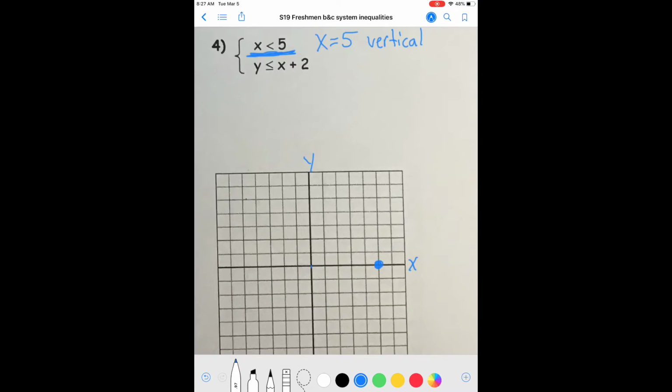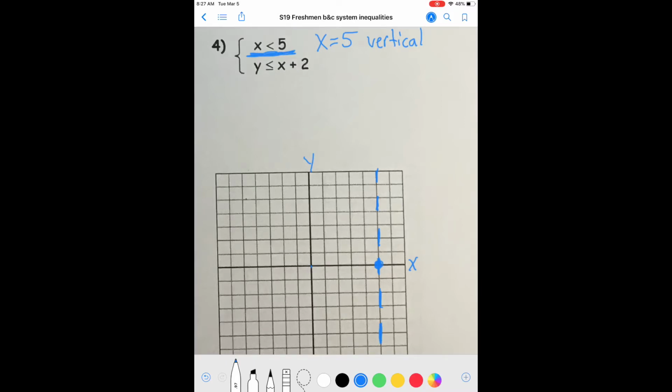It's going to be dashed because we don't have the or equal to part of it, because there's not a line underneath the less than sign. Then we have to determine if we shade to the right or to the left because it's a vertical line.